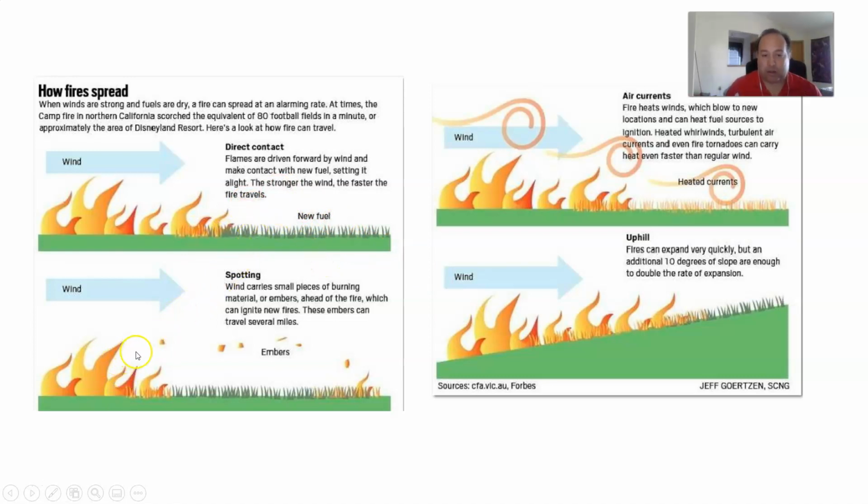We can also get some heat transfer happening through radiation. So maybe our fire's here and we get radiant heat starting that preheating phase over here, and then these spot fires, or these embers, are able to spot over here and then catch this unburned fuel on fire.